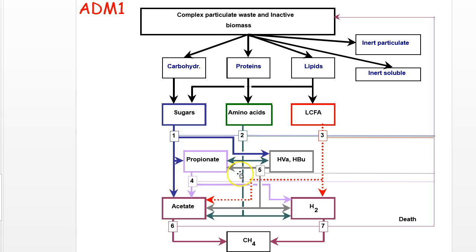Okay, these 1, 2, 5 are bacteria, and then acetate is taken up by methanogens, which are different types of organisms called archaea. 6 here, they turn acetate into methane. There's another group of archaea that can take hydrogen and combine it with CO2 and make methane. And then we see that all these different organisms can also die, and if they die, they become food again, complex particulates. Okay.